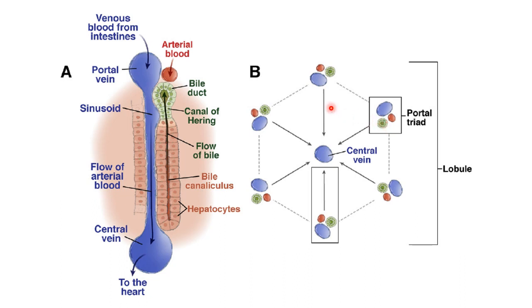Remember that the portal vein and the hepatic artery will contribute their endothelium to form the sinusoid. So blood will start here and go towards the middle. Here is zone 1, here is zone 3, and here is zone 2, hepatocytes.